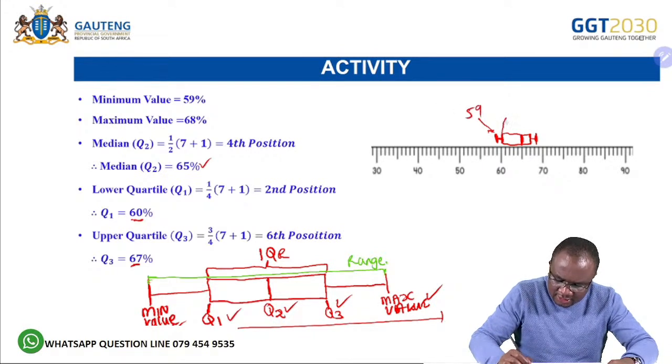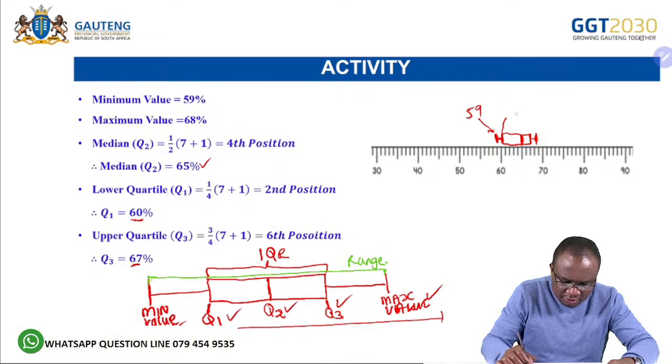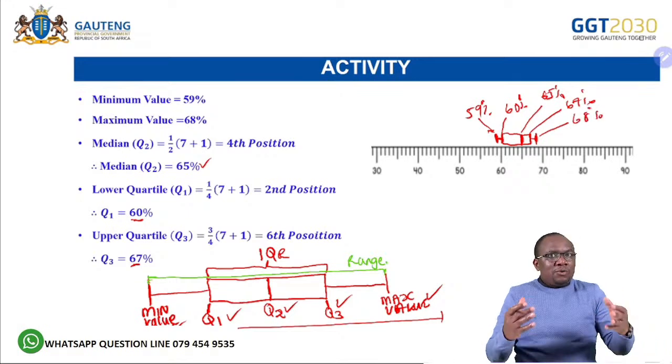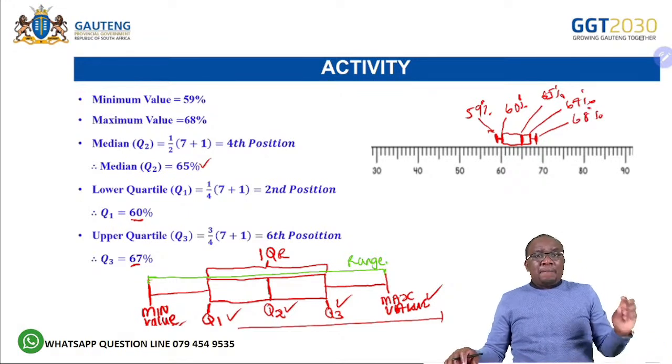And then this is the lower quartile, which is 60%. And then we have the median, which is 65%. And then we have the upper quartile, which is 67%. And then we have the maximum value there, which is 68%. Okay, it's a good highlight that we just had here about the box and whisker.